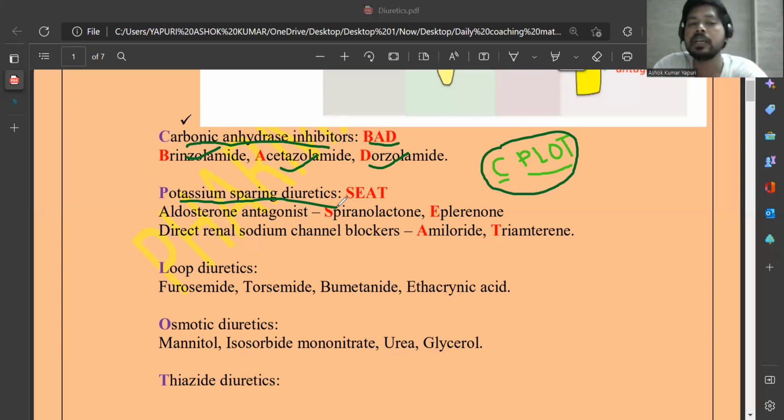And especially for the potassium sparing diuretics, two categories are there again. In that, the first one is aldosterone antagonist. Examples like spironolactone as well as eplerenone. Aldosterone is also called a mineralocorticoid. And what is the need of blocking aldosterone? Aldosterone is a mineralocorticoid. It causes retention of sodium and water.